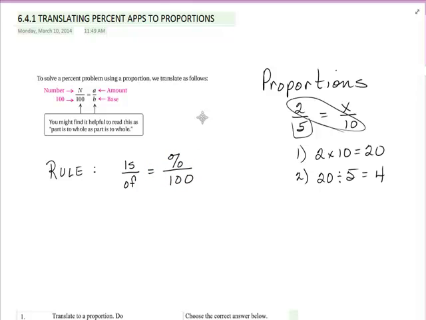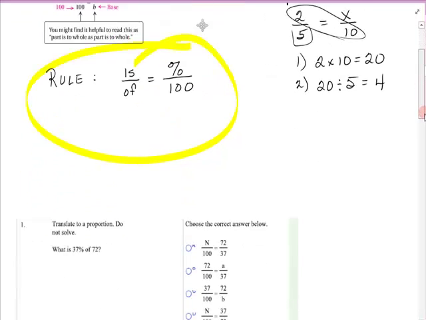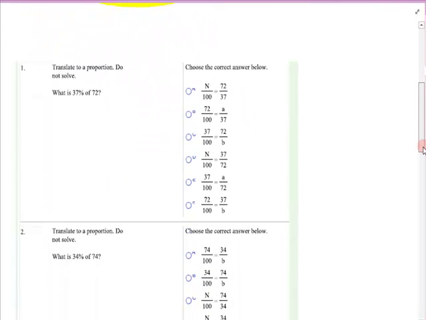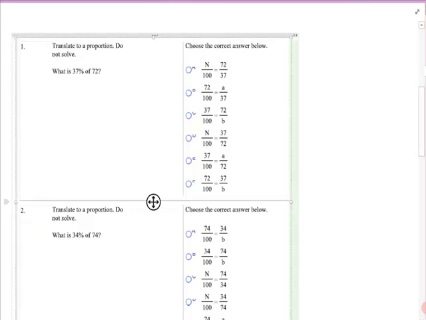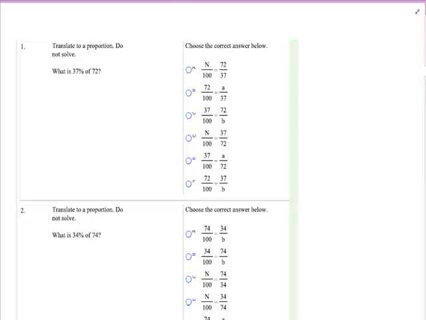That's easy to remember, and it is going to make your percent life easier. All right, let me show you what I mean. This says to just translate. In this lesson, we're not going to do any solving. We're just going to translate.